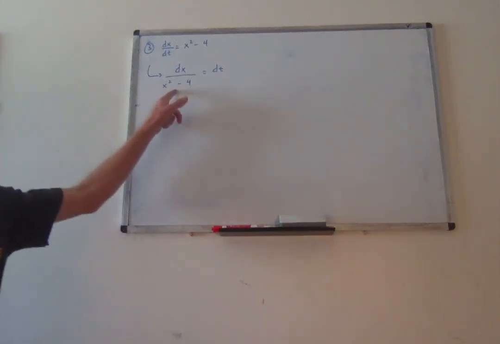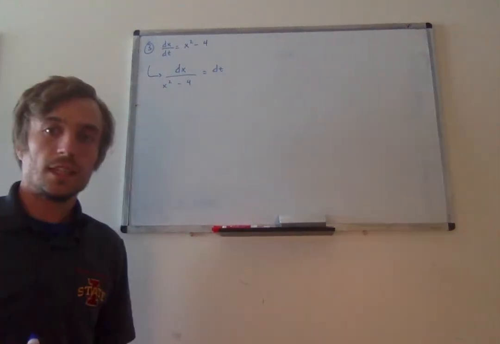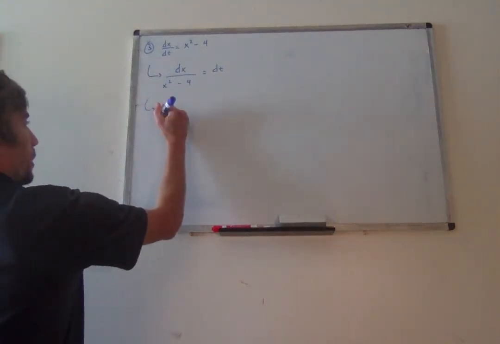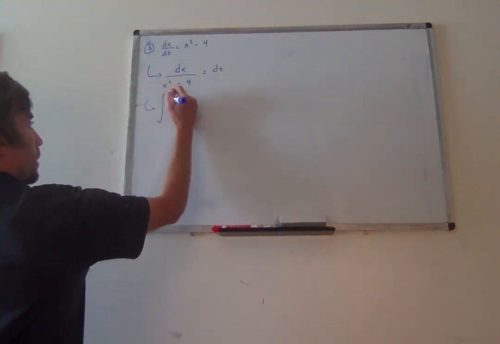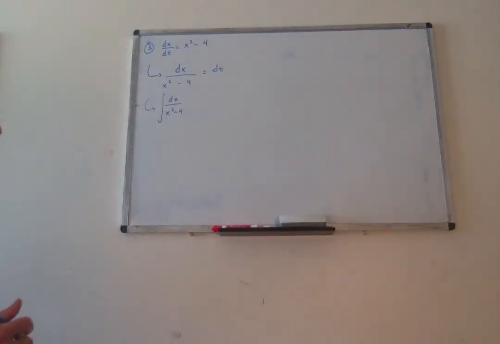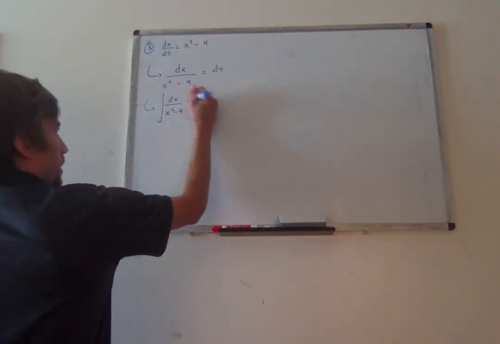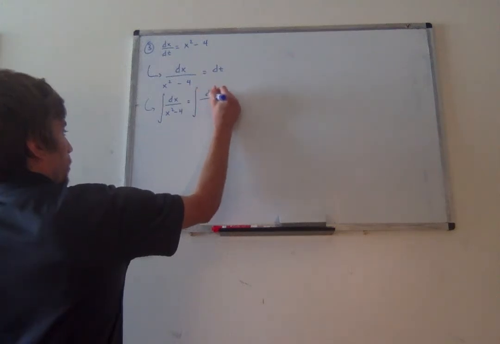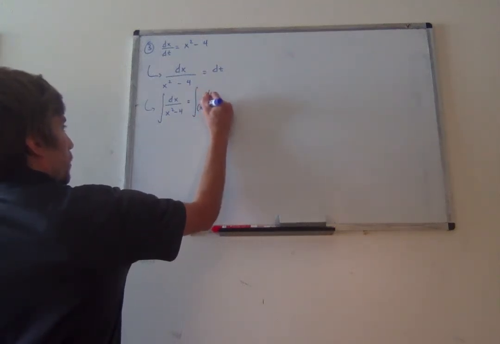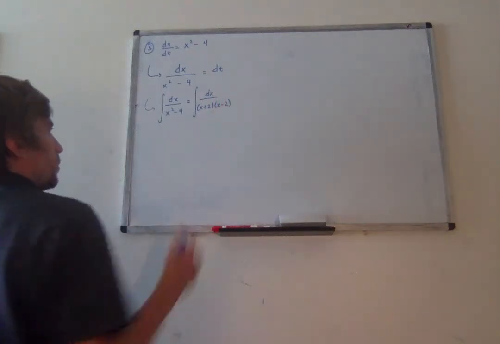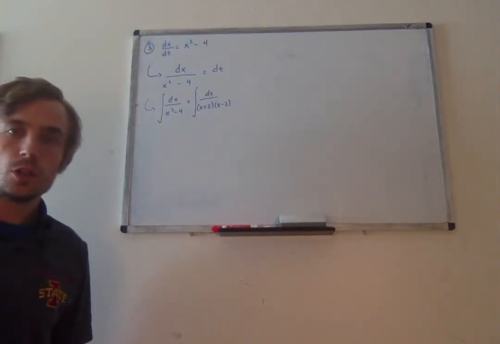This integral will be a little more involved to calculate, however. So before I integrate, I'll do this integral off to the side. Notice this isn't quite an inverse trig integral, but this denominator does factor. And so generally when that happens, we want to use partial fractions.